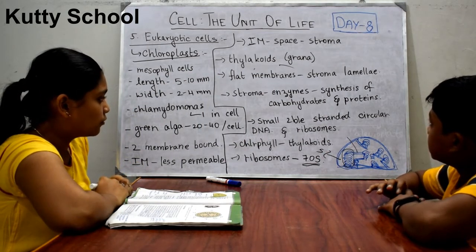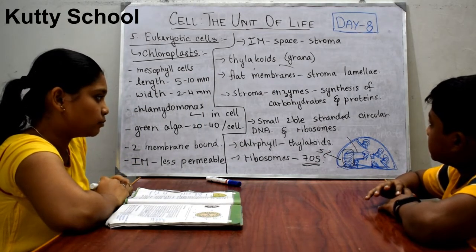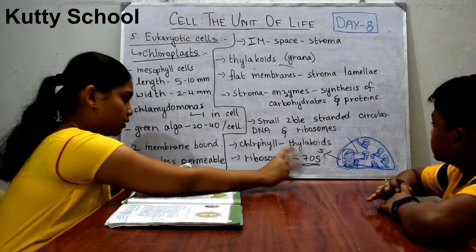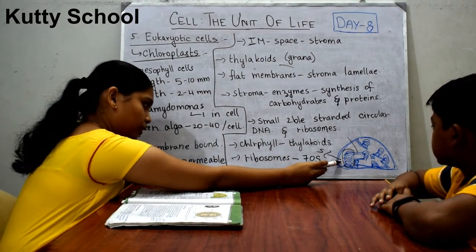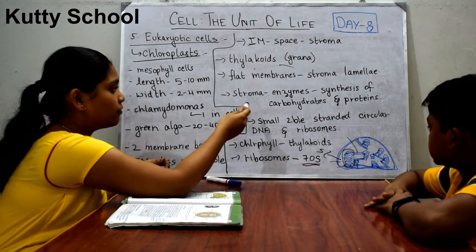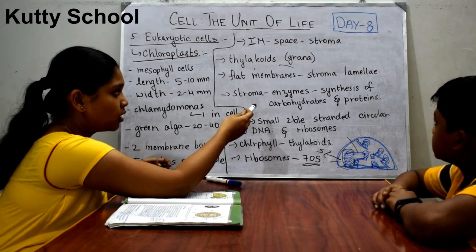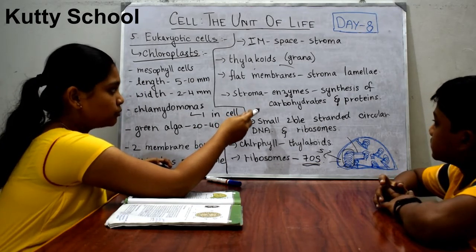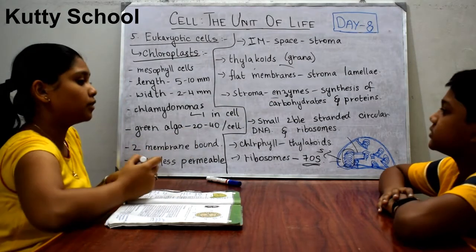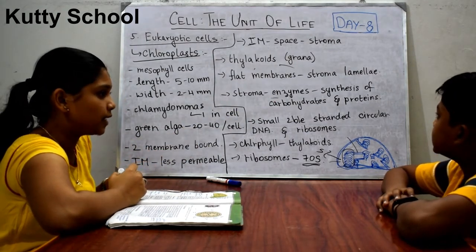The stroma of chloroplasts contains enzymes. The stroma is the inner cavity enclosed by the inner membrane, and it has a number of enzymes required to synthesize carbohydrates and proteins.